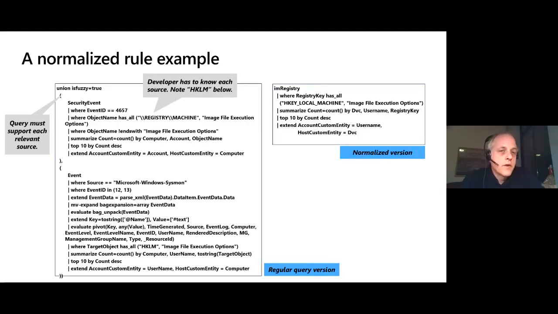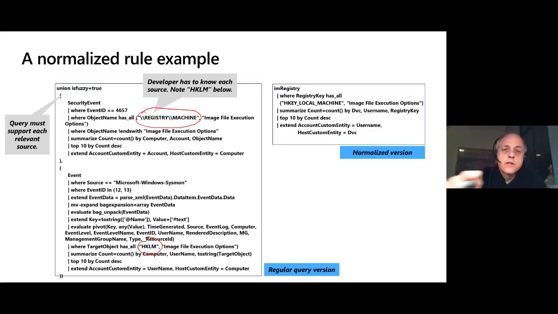The second thing is actually very interesting. You'll notice here that in the security event, the registry hive is using this name. But if you use sysmon to report the same exact activity, the registry hive name is HKLM instead of registry machine. So you really need to know it's different. It's not easy.